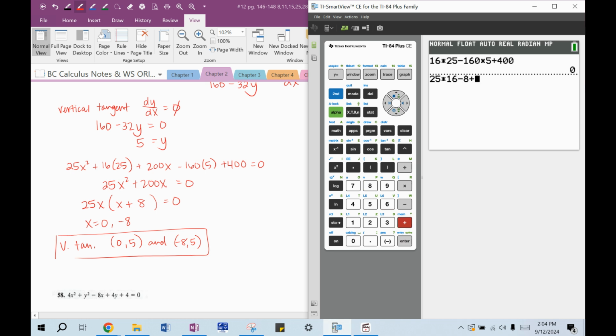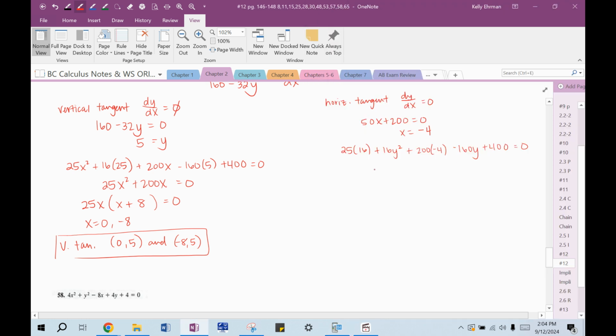Minus 800 plus 400 is just minus 400. Okay, yeah, so that's 0 again too. So we get 16y squared minus 160y equals 0. Factor out a 16y. And we get y equals 0 or y equals 10. So there are horizontal tangents at, make sure you're doing xy, when x is negative 4, y can be 0. And when x is negative 4, y could be 10.